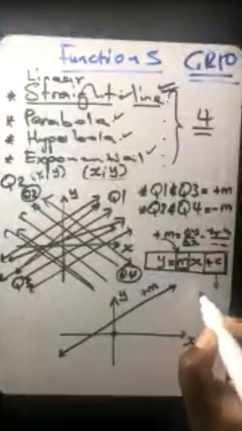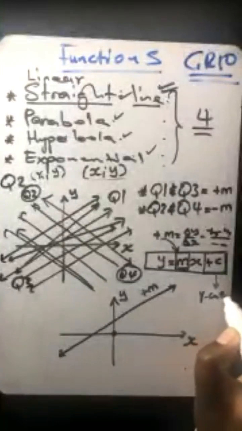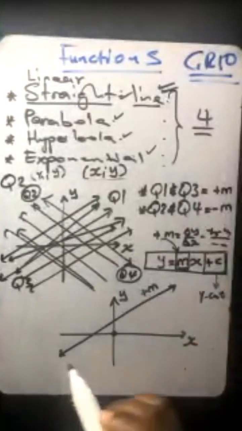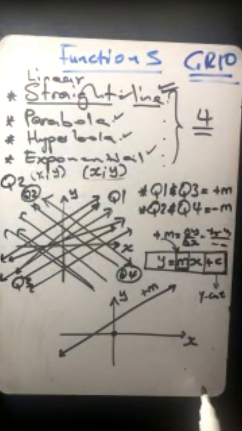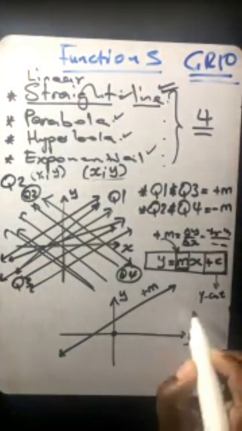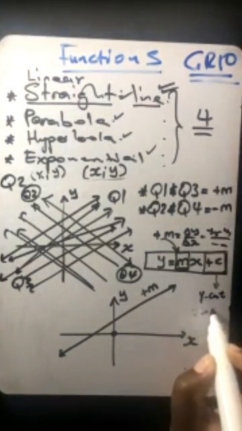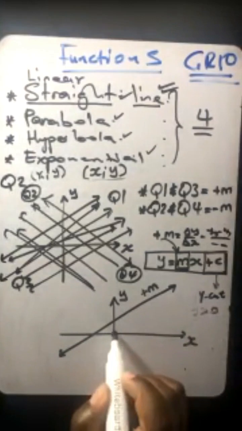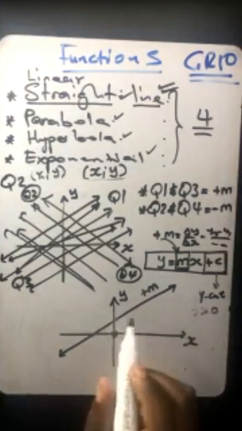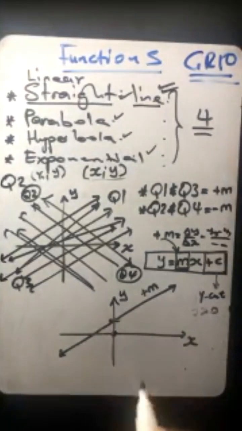With regards to c, it's actually a y-intercept, so that's where your straight line cuts the y-axis. If it cuts the y-axis above the origin, that is where y is greater than 0. So anything from the origin going up, you're going to have a positive c value.